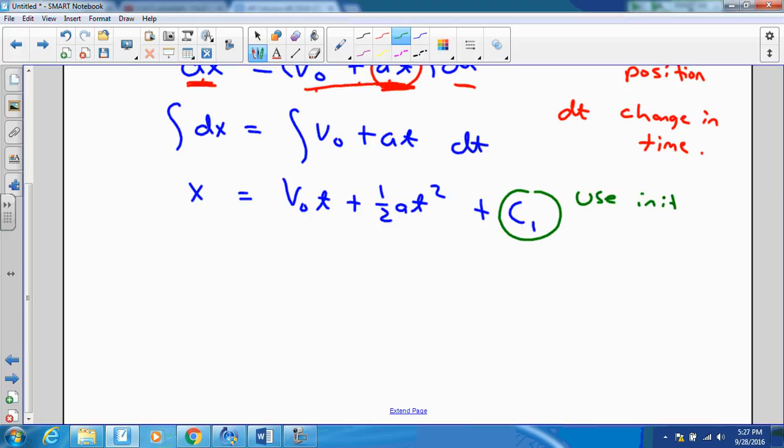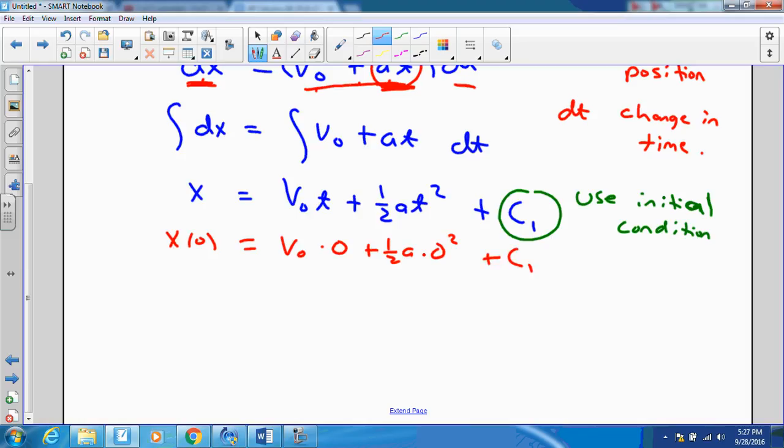Well, what is the value of c1? To get the value of c1, we use the initial condition. And when we do, we find out that x of 0 is going to be equal to v0 times 0 plus 1/2 of a times 0 squared plus c1. That's a fairly easy expression to evaluate. That gives me c1, and x of 0 is x0.